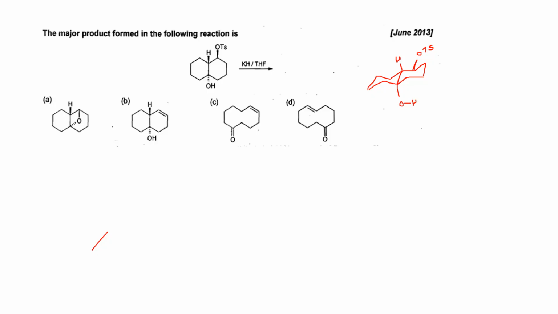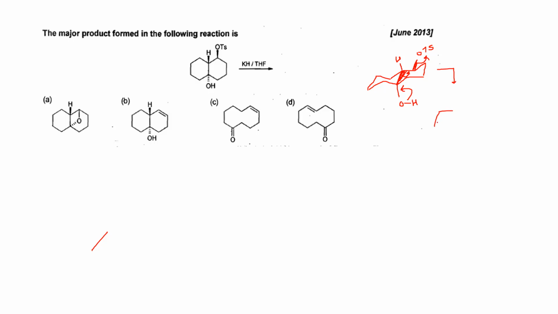I have told you that if you draw this in a cyclohexane, the question will be very easy for you. So the trans bond is obviously this carbon-carbon bond. So this OH comes here, this breaks and gets removed from the system.